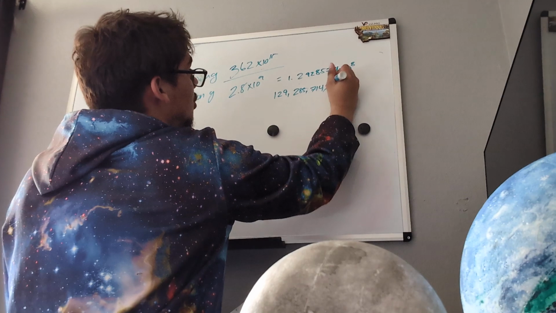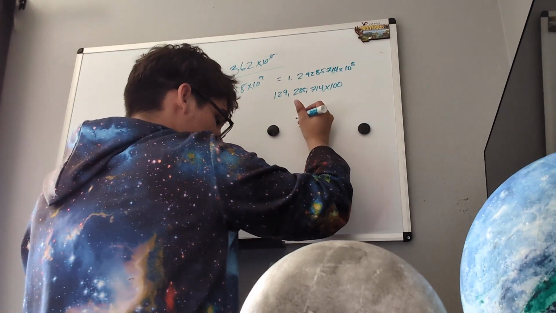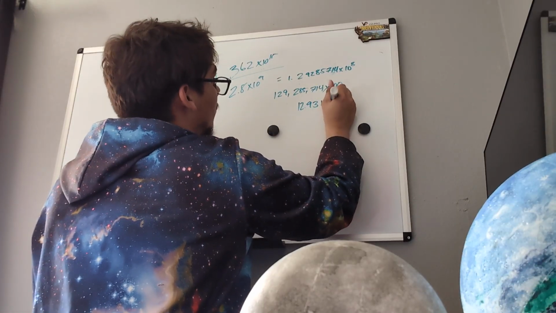We want to use this as a percentage, so we just multiply that number by 100, and what you're going to get is 12.93 billion percent.